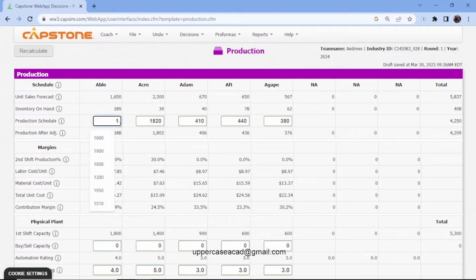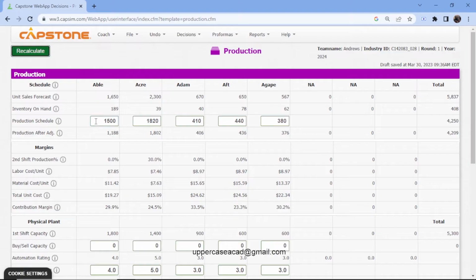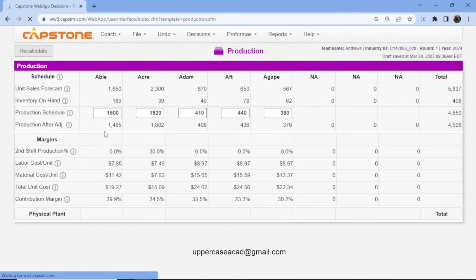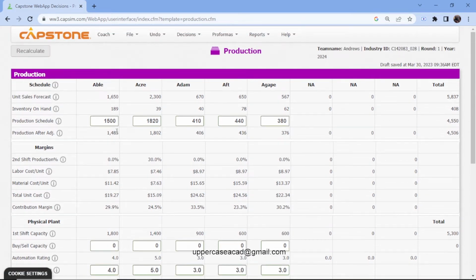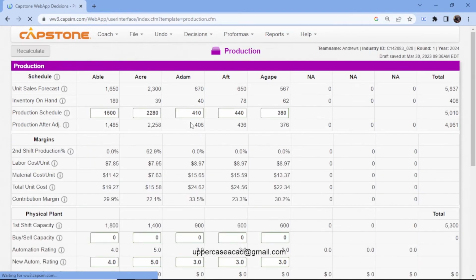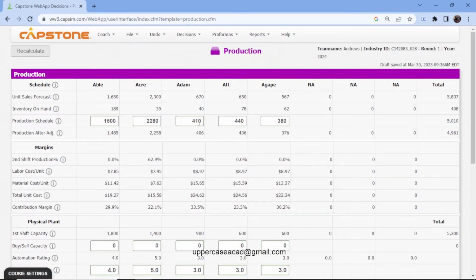For this one, I'll produce 1,500 units. Then for this one, I'll produce 2,290.